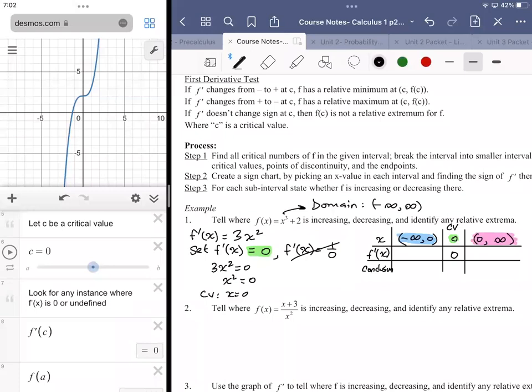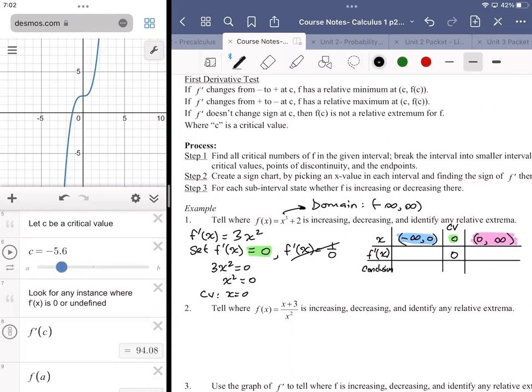But if you look at values less than 0, so between 0 and negative infinity, you look at the derivative f prime of c. These aren't critical values, but just ordinary numbers being substituted into the derivative function. You can see that these numbers are all positive, and that's all we care about.